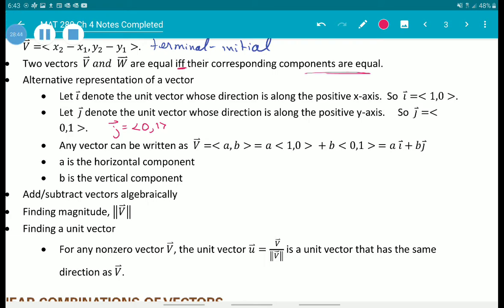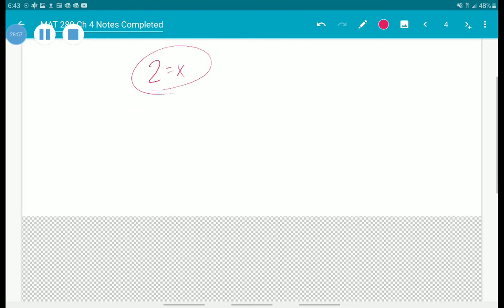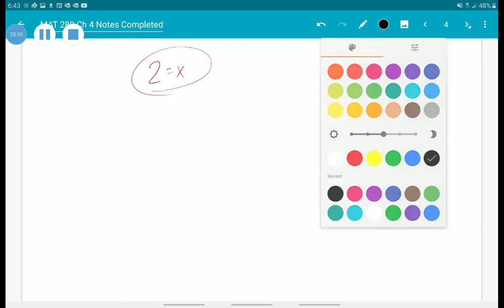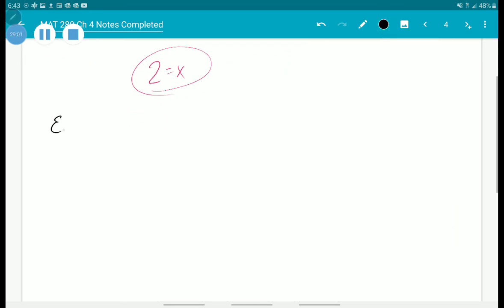So we can take any vector and we can write it as a linear combination of those unit vectors, where a is the horizontal component and b is the vertical component. So let's look at an example there. Let's say we have the vector 2, 7. So we can write this in kind of an expanded form.